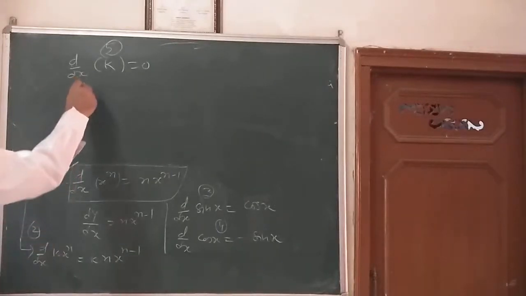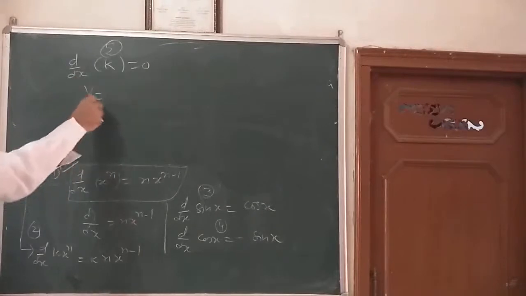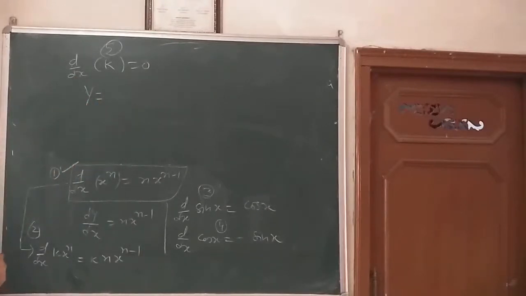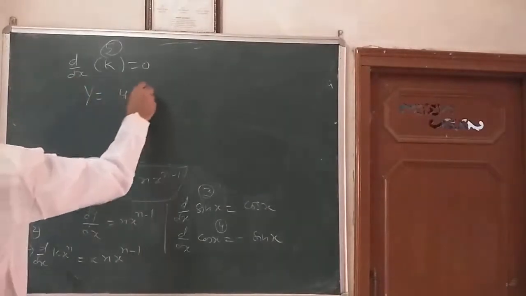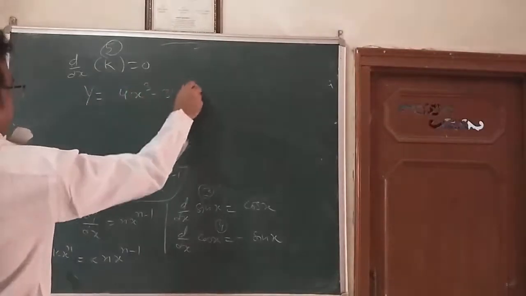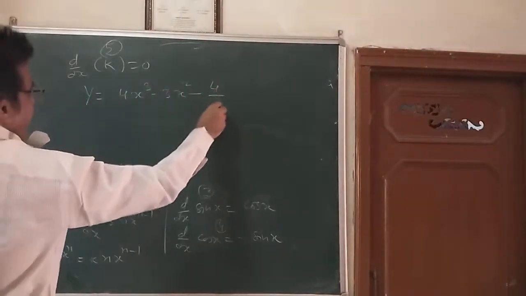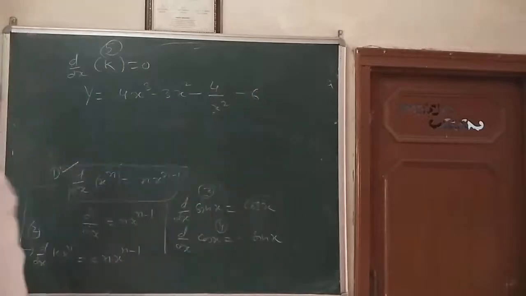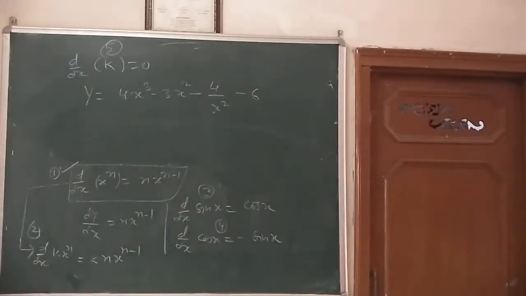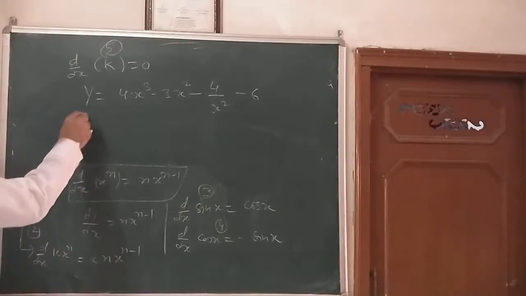Suppose an equation gives us y is equal to 4x cube minus 3x square minus 4 by x square minus 6. We want to differentiate it with respect to x.